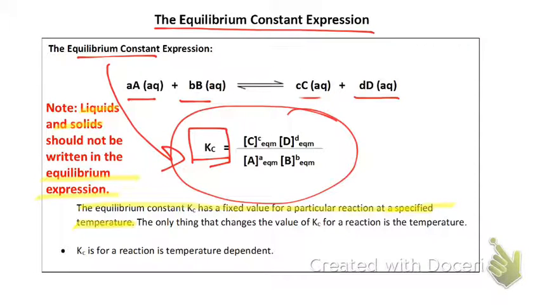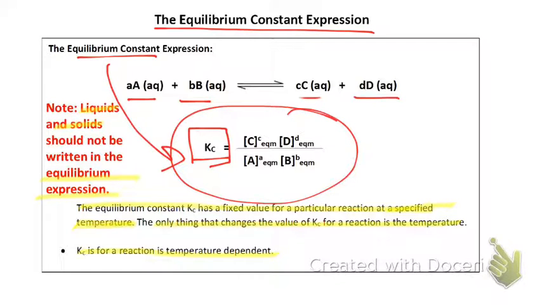Very similar to the rate constant in the rate law that we talked about in kinetics, which is also temperature dependent. So the only thing that can change Kc for a reaction is the temperature. In other words, Kc for a reaction is temperature dependent.